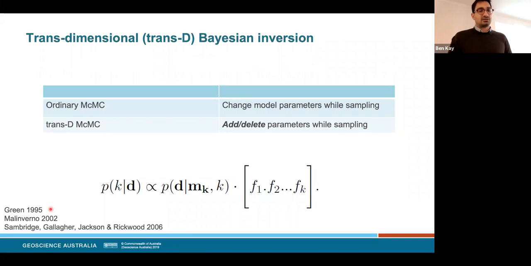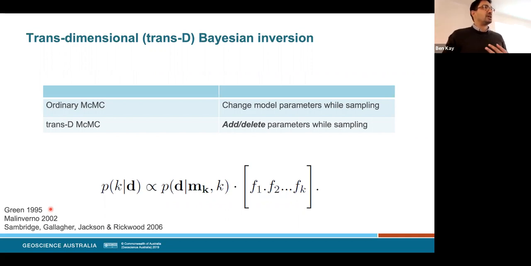So a statistician called Peter Green back in 1995 introduced this method called the reversible jump, or the transdimensional method, which was picked up by Alberto Malinverno, who's at Lamont Doherty, and was also popularized by Malcolm Sambridge et al. in the geophysics community, where the number of things you don't know is also an unknown for the problem. So if you want to find out about velocities in the Earth, you also need to find out about the number of velocities in the Earth.